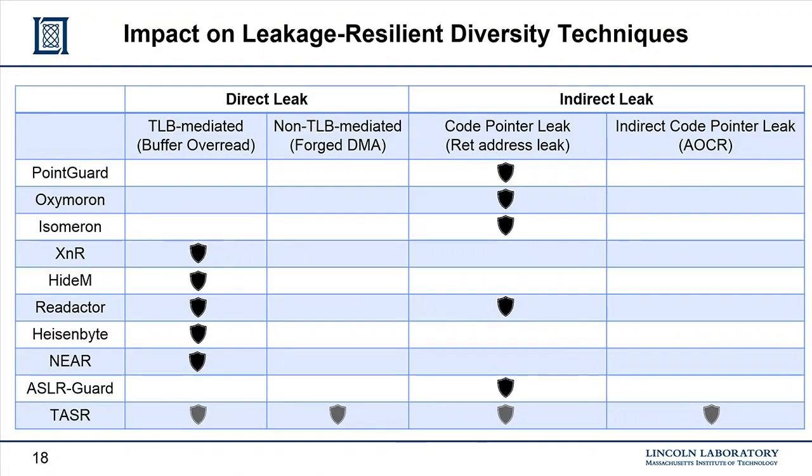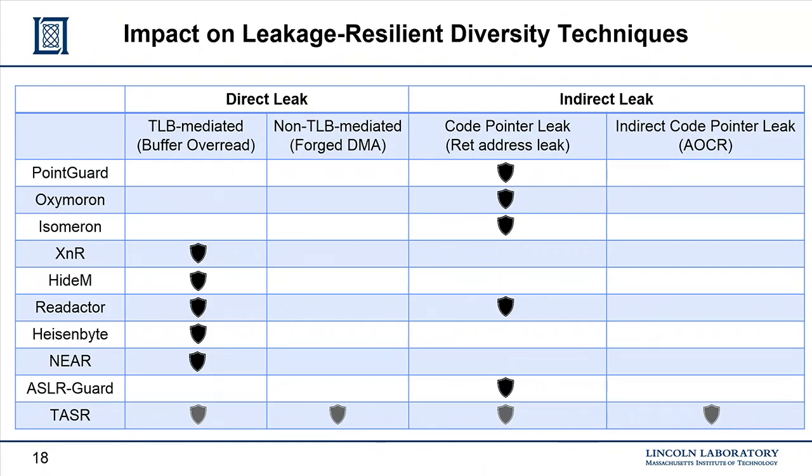Now, if we look at the recently proposed leakage-resilient techniques, here are the rows. And the attacks that I described: the first column and the third column are direct and indirect memory disclosure. The last column is the attack that I just described, AOCR. And the second column relates to an implementation challenge of these techniques that I didn't go into for the sake of time.